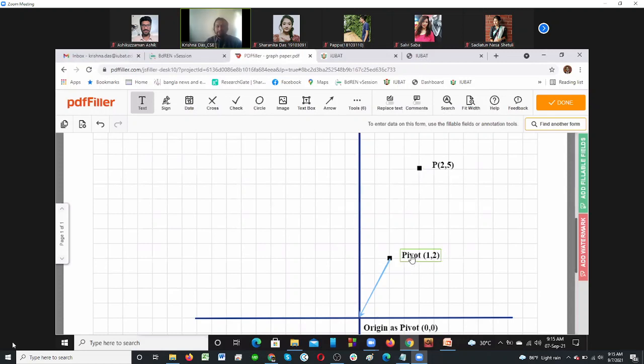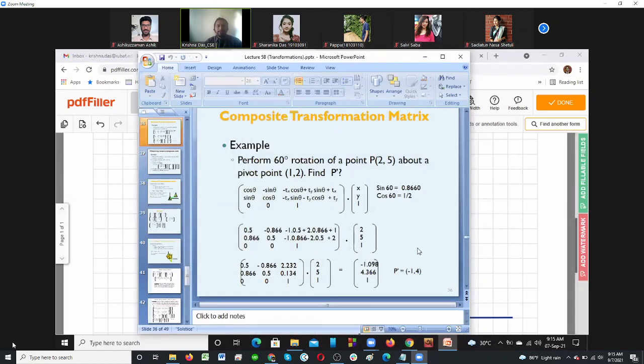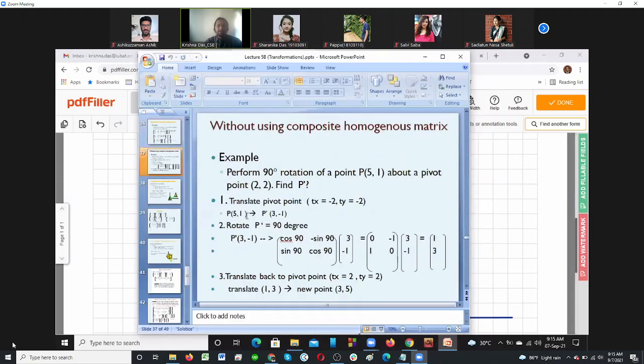To take that pivot point in here, the translation factor is negative, right? So what we can find is that at first we need to translate that pivot point. If we translate that pivot point, that point also will be moved.